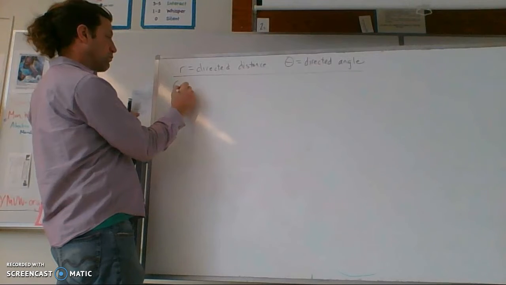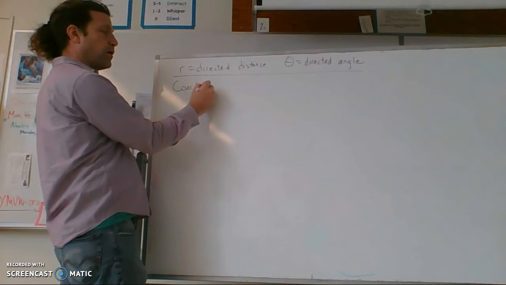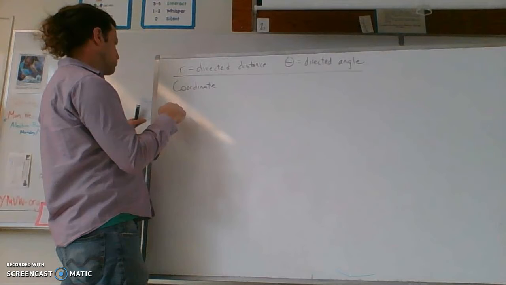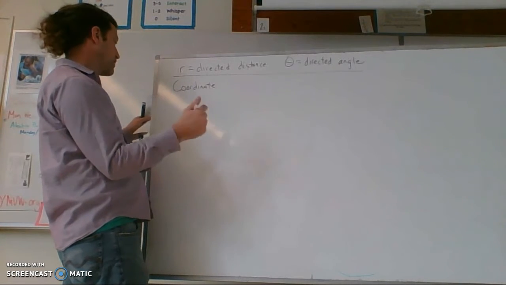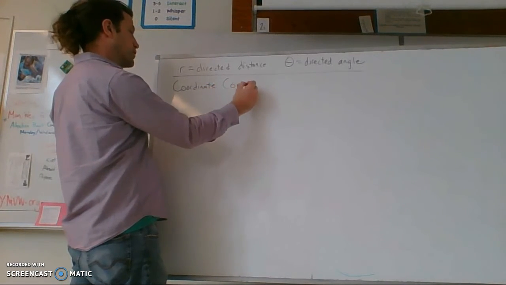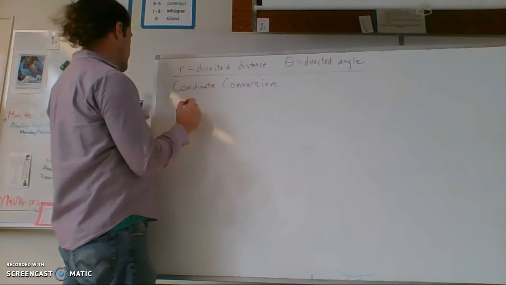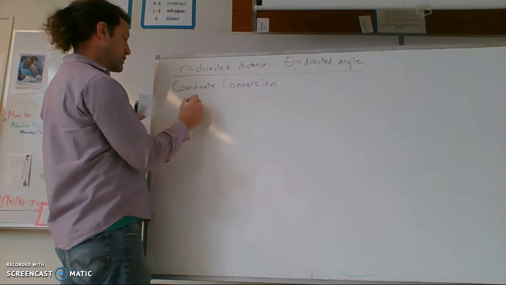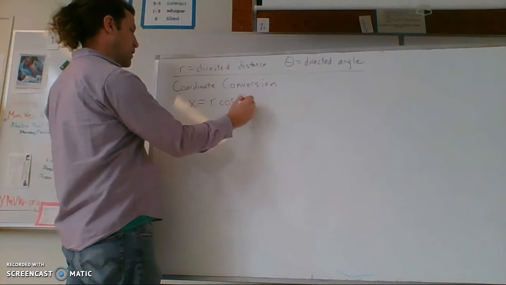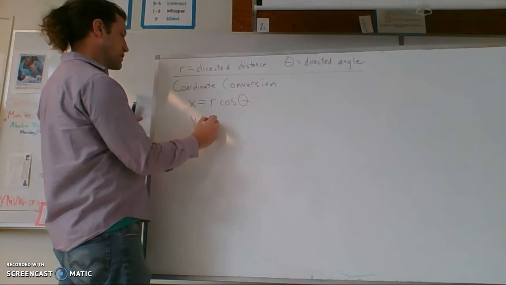So when we convert from polar to Cartesian, or Cartesian to polar, call it coordinate conversion, and we say that x equals r cos theta, and y equals r sine theta.